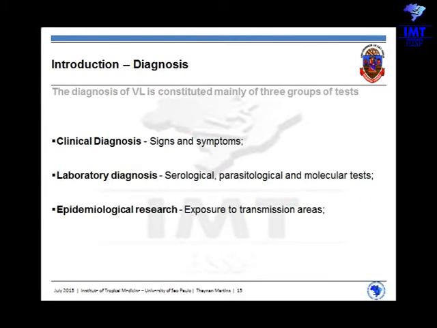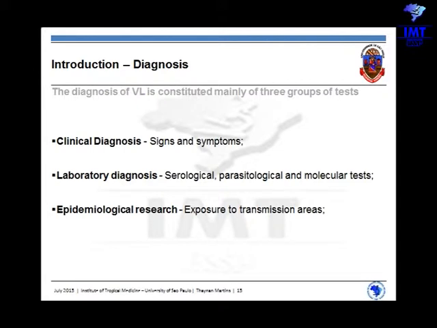So that is the diagnosis. One of our challenges is the diagnosis, because we have three types. Clinical diagnosis: the cutaneous form is easier to see, but the visceral is sometimes difficult because it can show the same signs as another disease, and sometimes people just get confused.